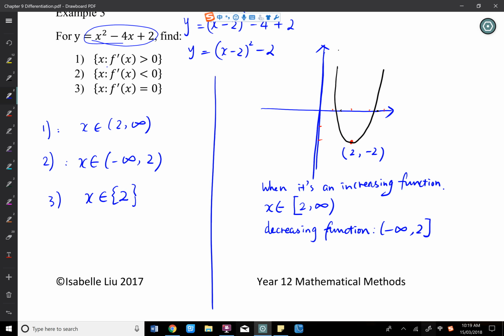An increasing function will include the turning point, but gradient positive or negative will not include the turning point, because the turning point gives you gradient equal to 0. Alright? So when you have gradient greater than 0, it must be an increasing function. But when you say x belongs to 2 to infinity is an increasing function, that doesn't give you gradient greater than 0, because the gradient could be 0 as well.